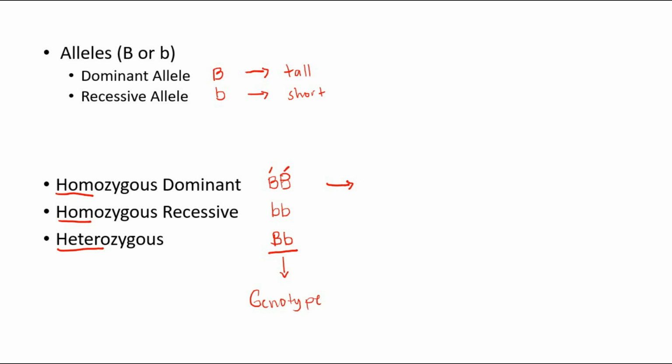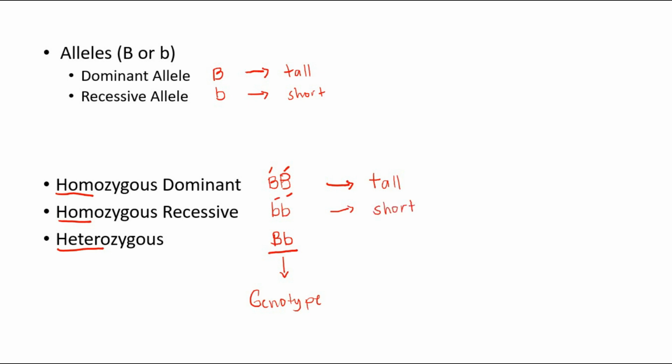So if you have two capital letter B, it means most likely this offspring will be tall. Okay? And then for the homozygous recessive, you have two small letter b. If you take a look at our alleles, small letter b means short. So basically, since you have two small letters, this offspring most likely will be short.